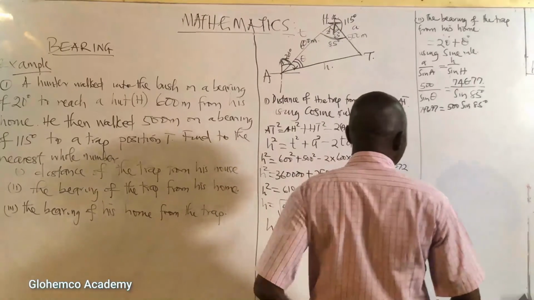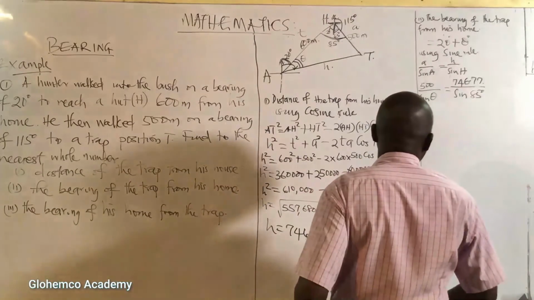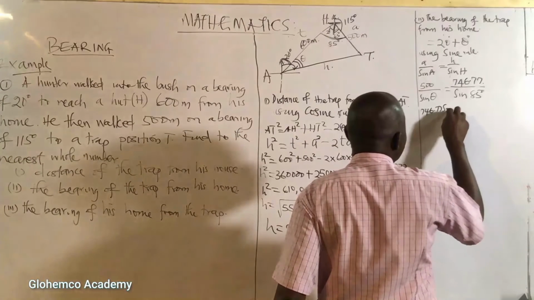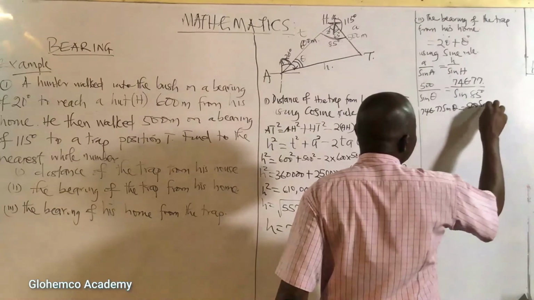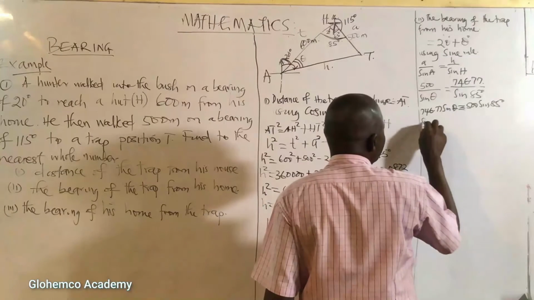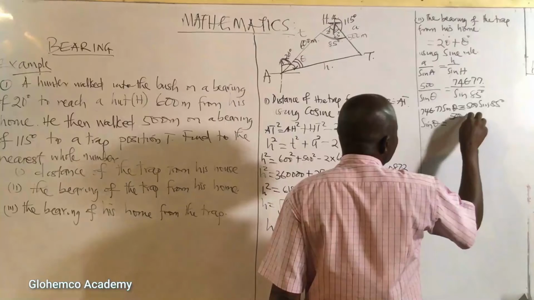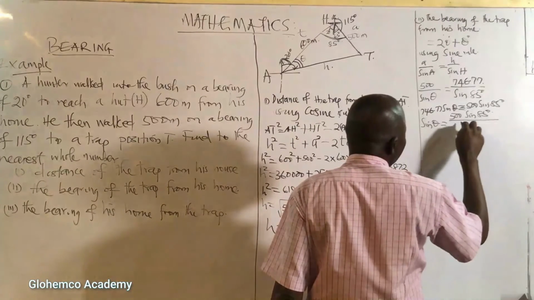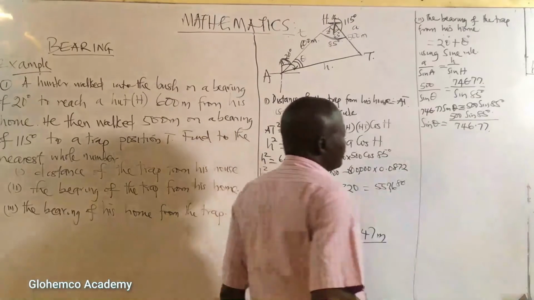Okay, sorry, 746.77 multiplied by sine theta. 746.77 sine theta equals 500 sine 85. Then sine theta equals 500 sine 85 over 746.77.